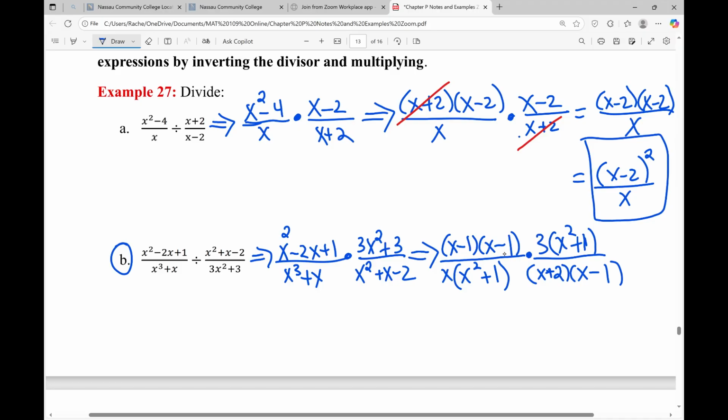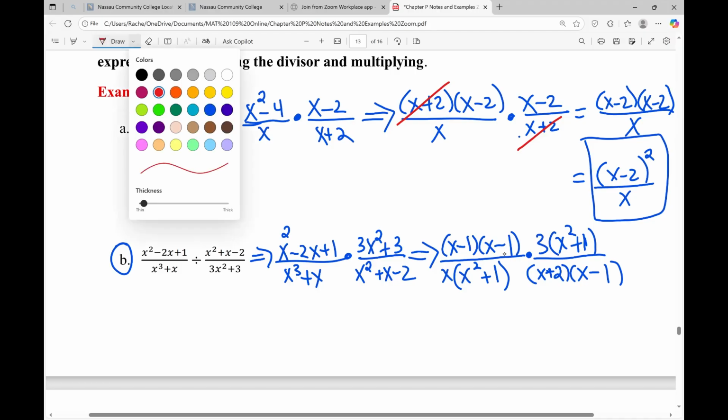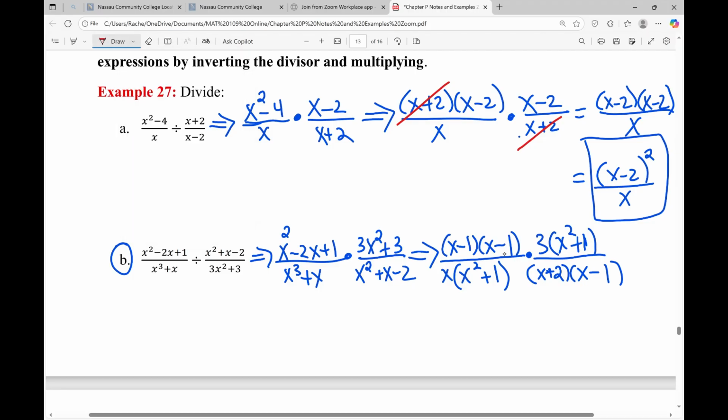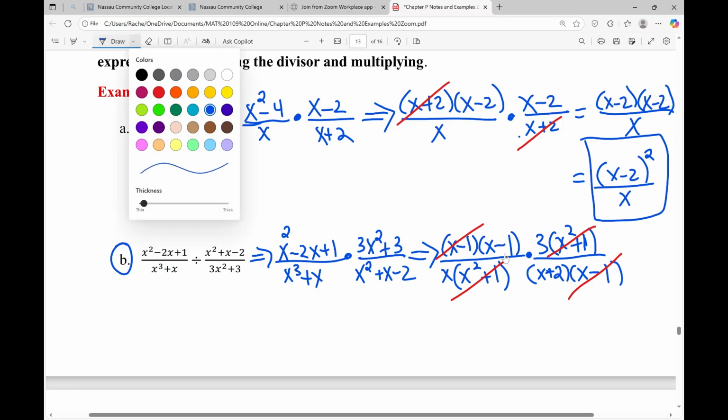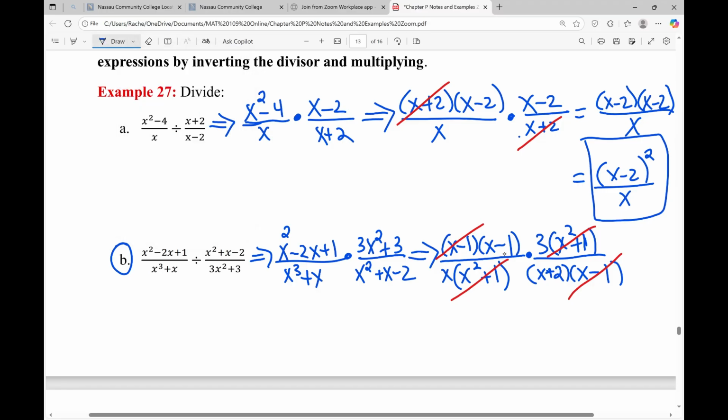So now that we're factored, I'm ready to go through and reduce by common factors. You see how I have an x minus 1 in the numerator and x minus 1 in the denominator. And I also have an x squared plus 1 in the numerator and x squared plus 1 in the denominator. So what product are we left with in the numerator?